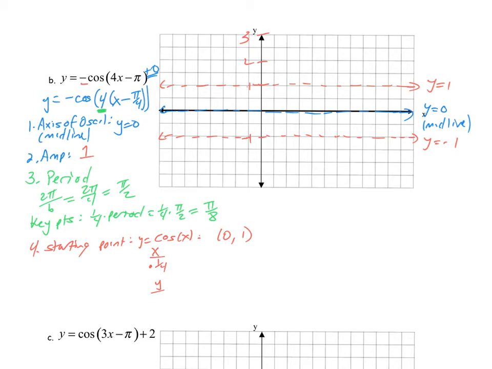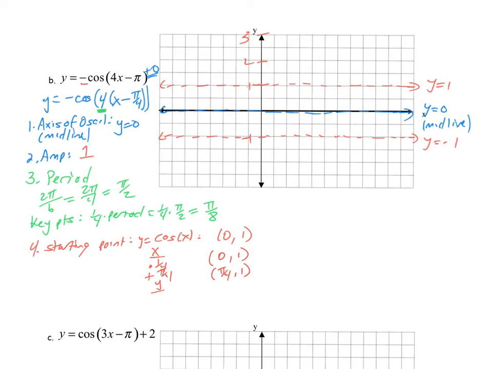And then in terms of a shift, this minus pi over 4 in the factored version means that points are shifted right pi over 4. So we're going to want to add pi over 4. I'm going to do plus pi over 4 to x. So 0 times 1/4 is 0, so we're still at 0, 1. But 0 plus pi over 4 is pi over 4, 1.